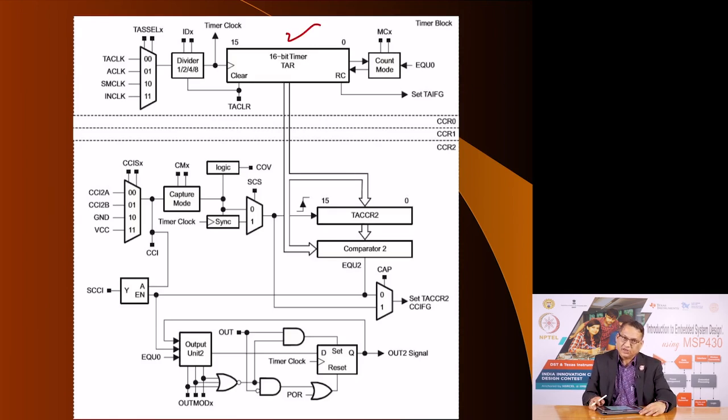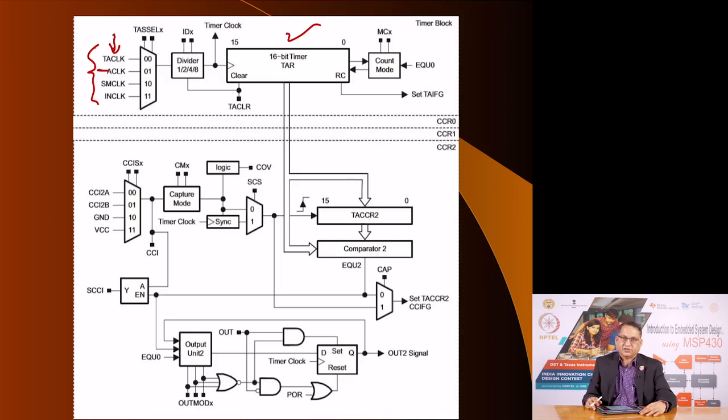MSP430 timers are all 16 bit timers. The source of the clock for these timers can be an input signal available from one of the pins, or a clock which is internally generated. As you see, you can choose ACLK or SMCLK to be the source for the counting.